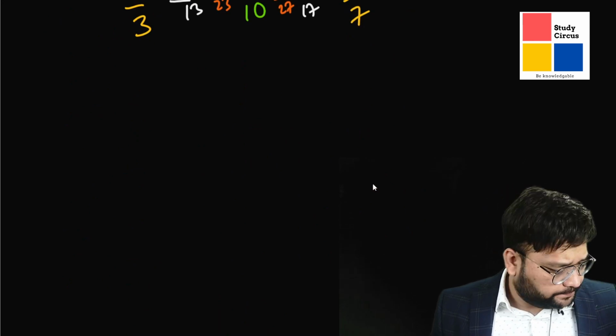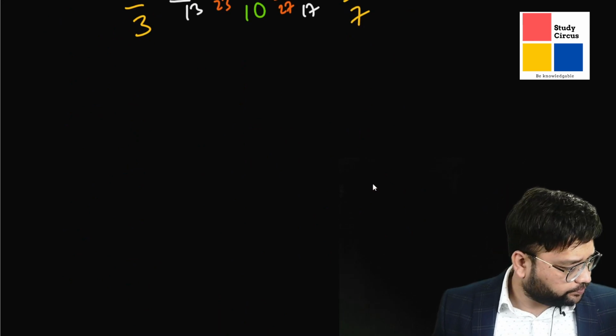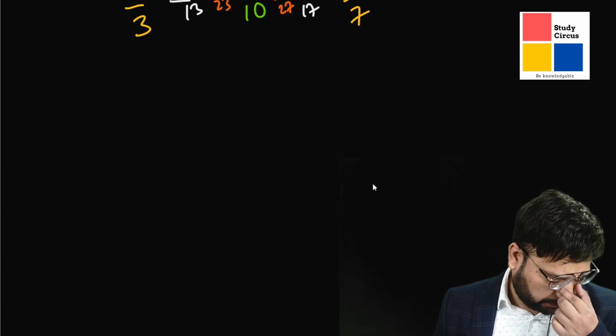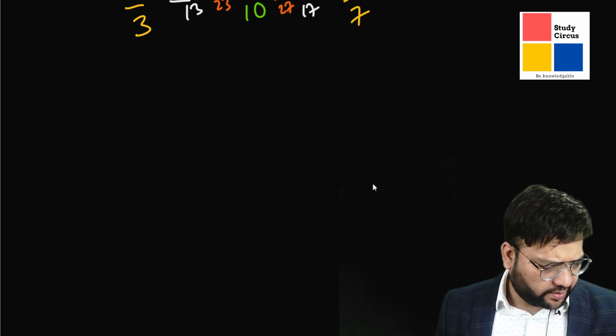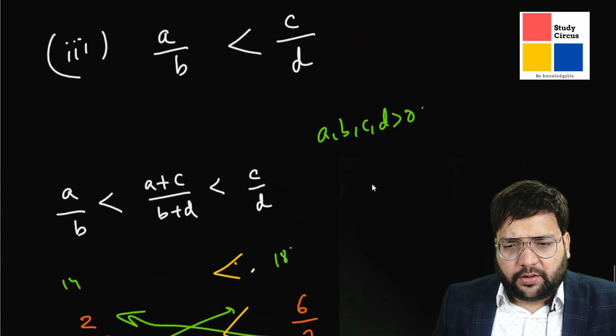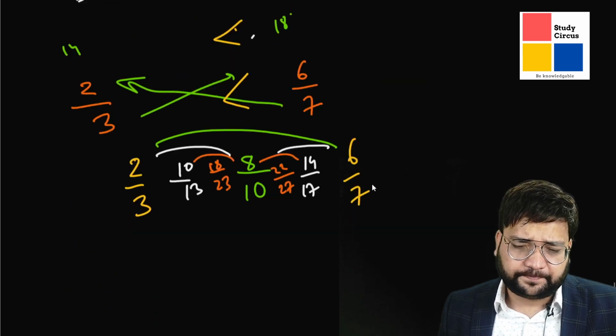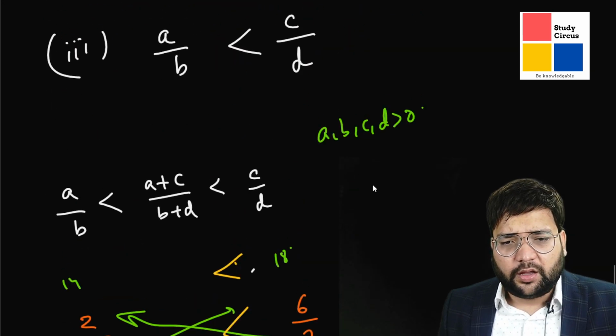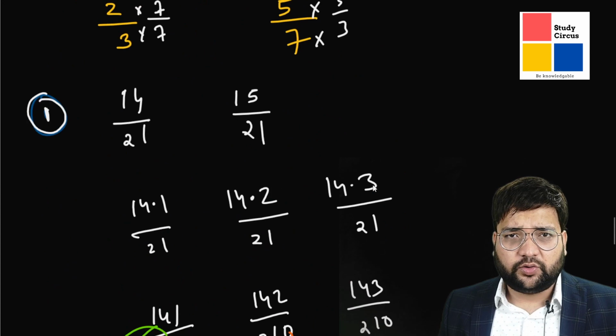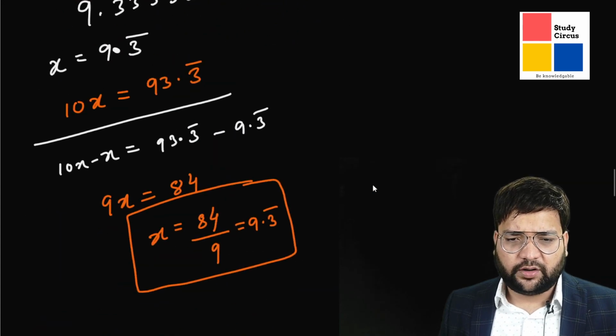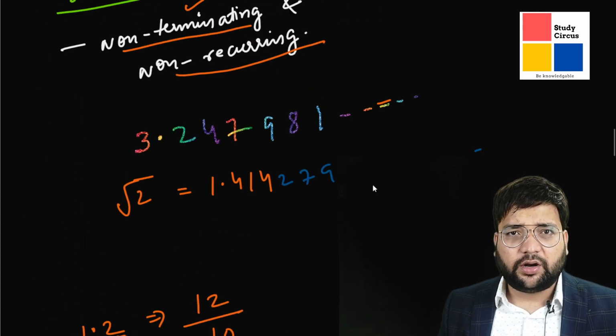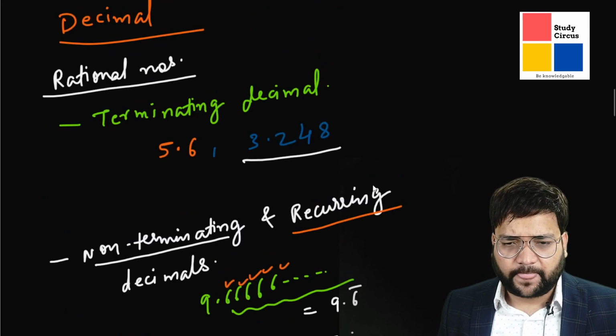Now, irrational numbers. So we saw how to find out numbers in between two given numbers, rational or irrational also we can find out.